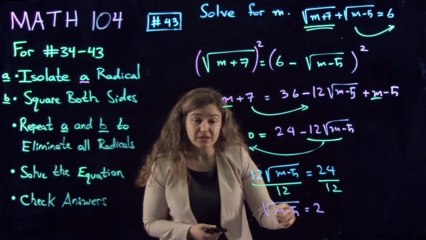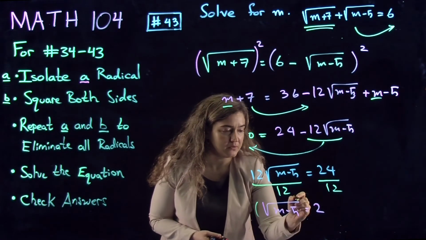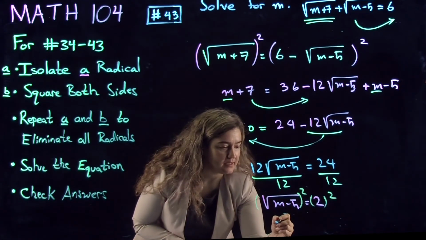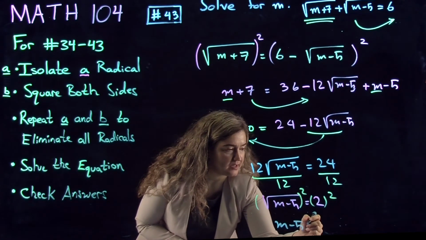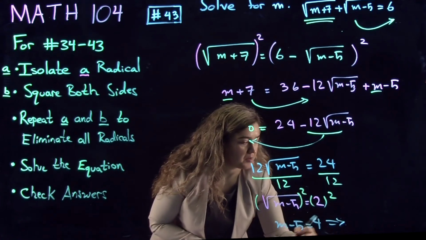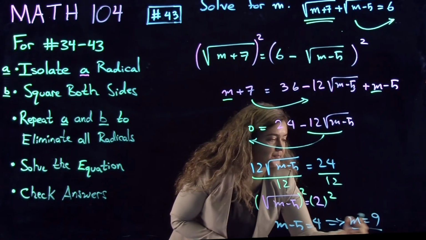Again, after isolating the second radical, I want to raise to power 2 again. And we get m minus 5 is equal to 4, which is coming out to m is equal to 9.